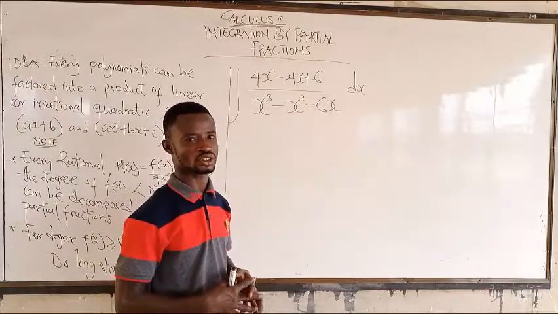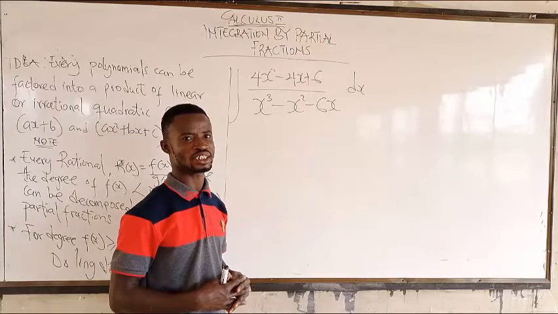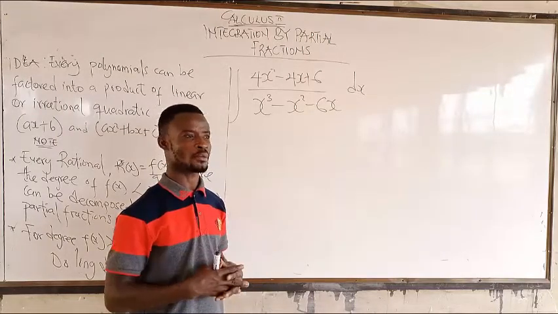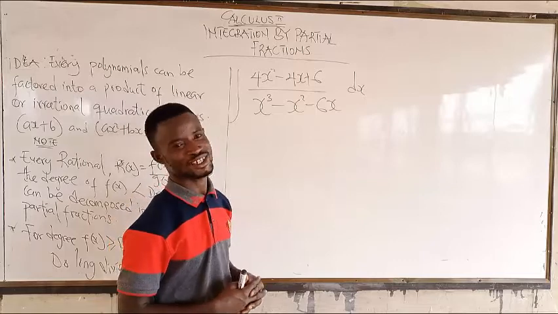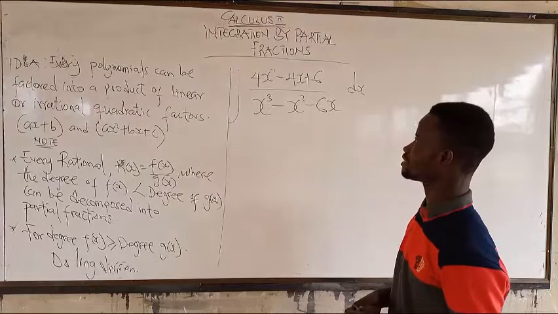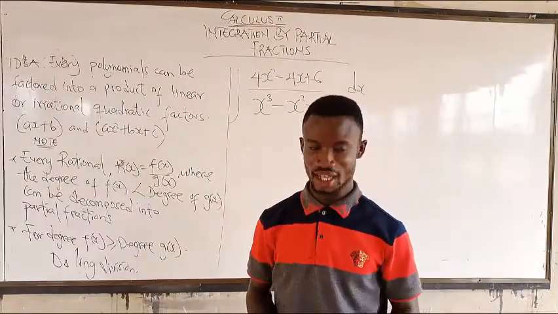So that is not going to help you. So you can see that substitution will fail here. Integration by parts will fail here because there are no two functions being multiplied. Alright, so that is the reason why we want to learn something about integration by partial fractions.